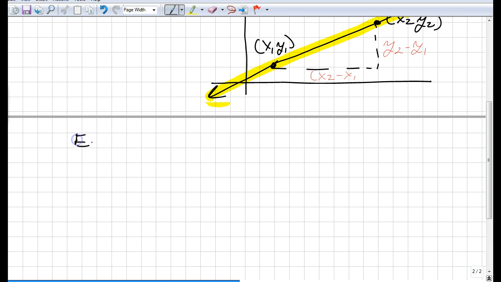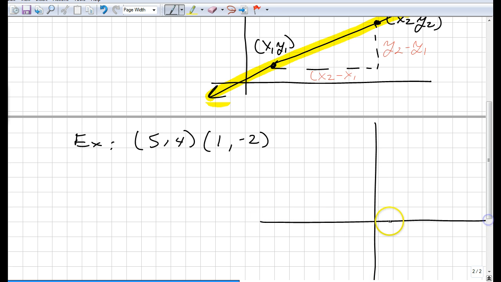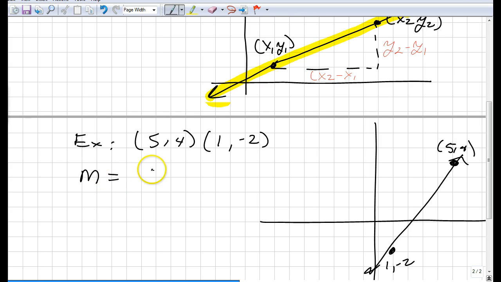So for example, a line that goes through the point 5, 4, and the point 1, negative 2. So 1, 2, 3, 4, 5, 1, 2, 3, 4, and 1, negative 2. I have this line. And that slope is represented by the difference in the y's, so 4 minus negative 2, over the difference in the x's, 5 minus 1.